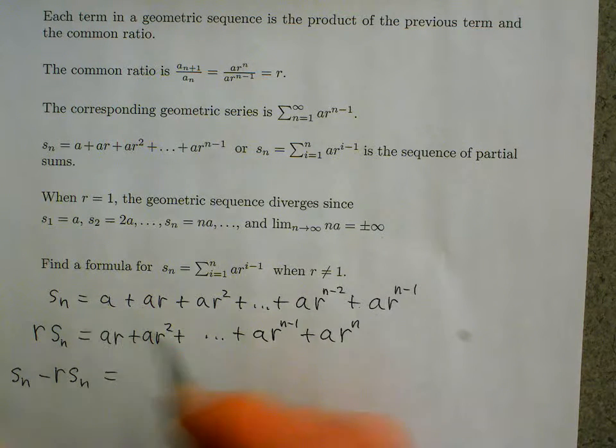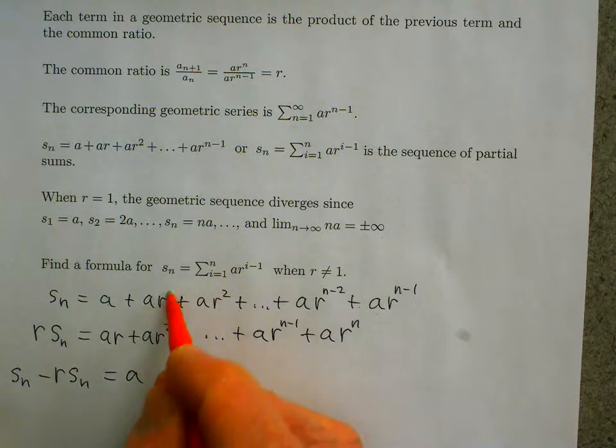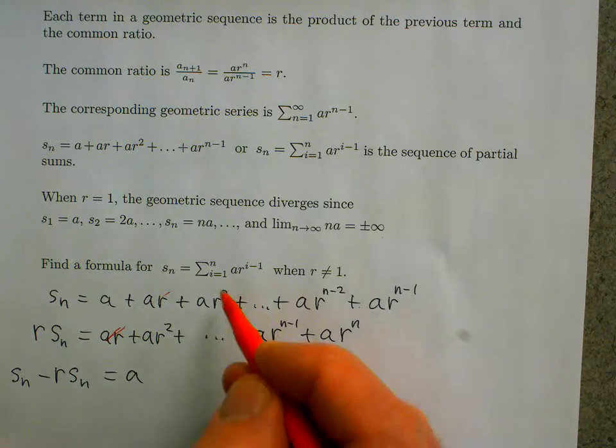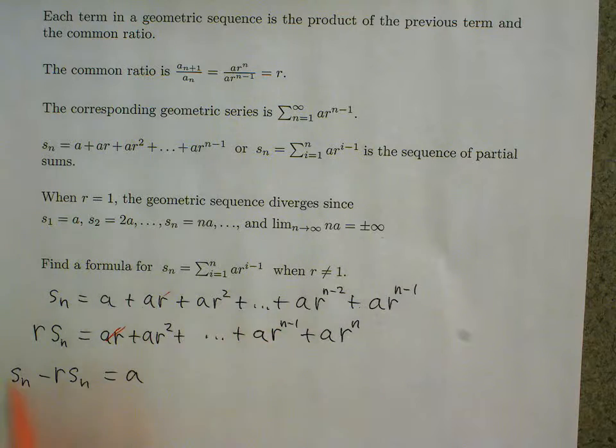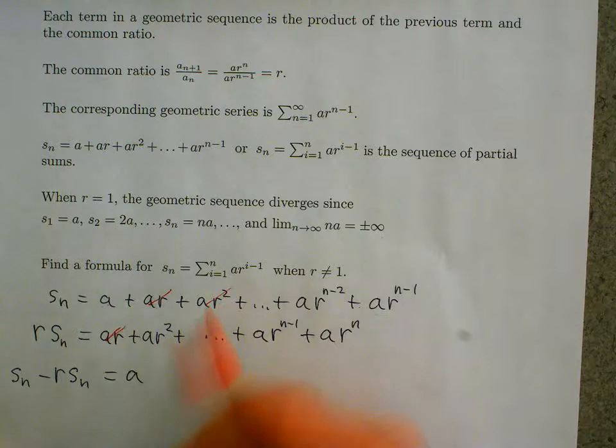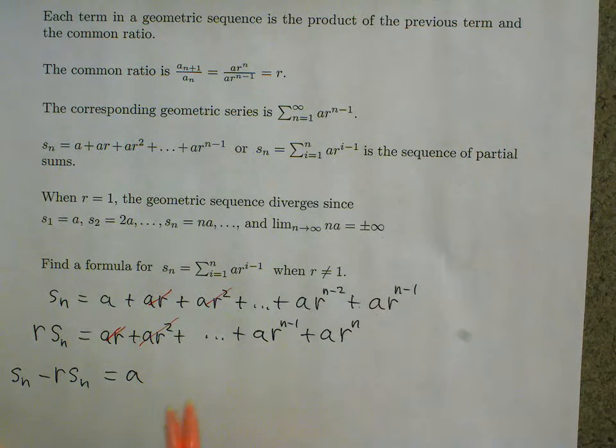So we get a, but a times r minus a times r is 0. A times r squared minus a times r squared is 0.